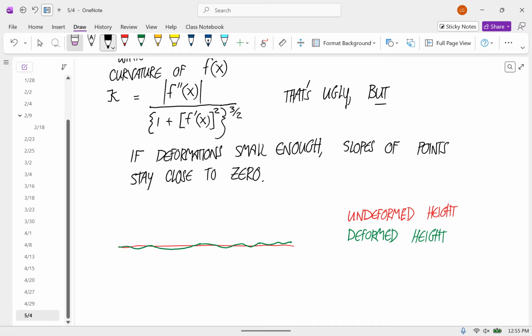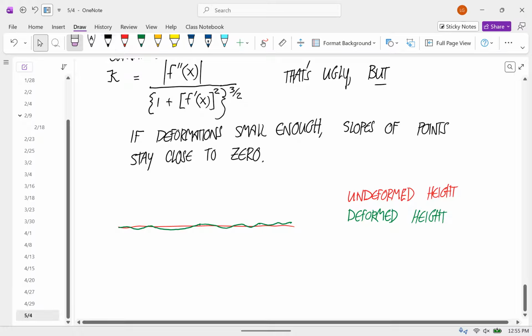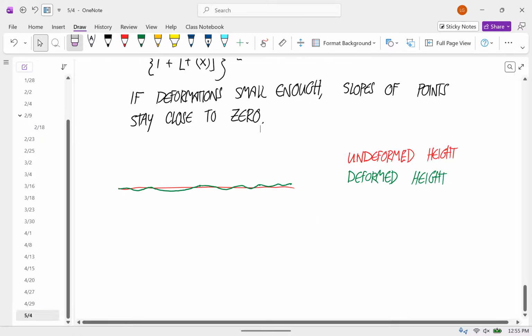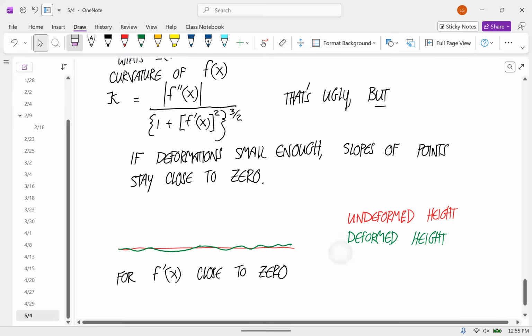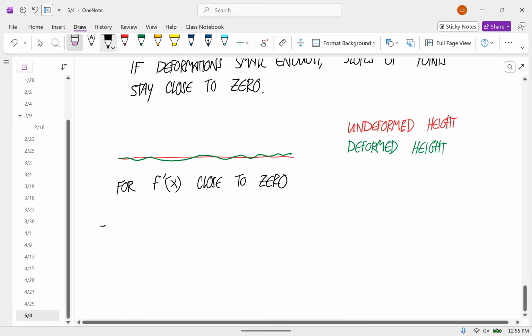It stays close to horizontal at every point. Okay, and so for the slope close to zero, let's re-investigate this function for curvature.